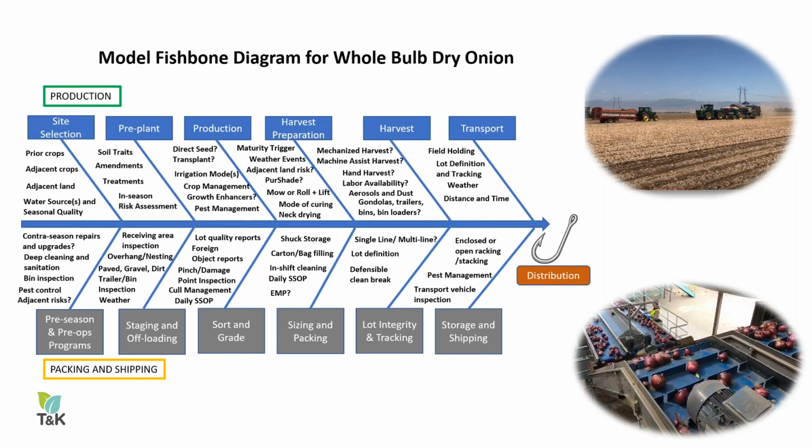If you have enough knowledge and you're aware of the diversity of production and diversity of management, you can construct these fishbone diagrams with a lot of elements that are not specific to what happened, not specific to the operation because you haven't started yet. But then you start to say which ones apply, which ones pull out, and there's the production side, there's the post-harvest packing and shipping side, and you start to look at which one of these might have applied.